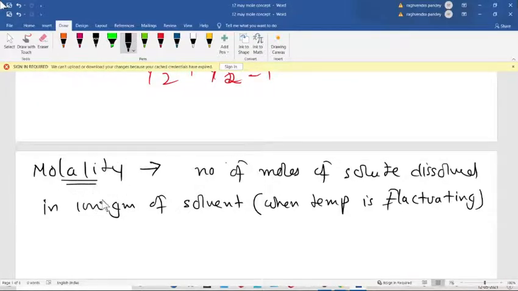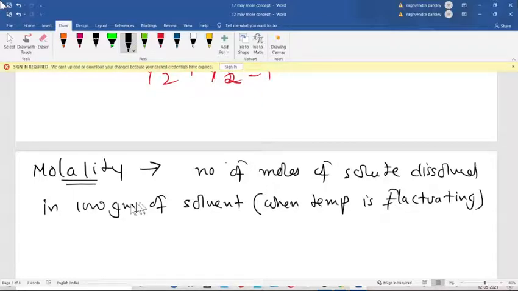So molality has importance when there is a change in temperature, due to some reaction or a sudden external temperature change. In the morning we have some temperature, and in the afternoon it increases. This slight change is very important in biochemical reactions, because the amounts are very small, 10 to the power minus 12 grams, 10 to the power minus 8 grams, and the volume is about 1 ml.